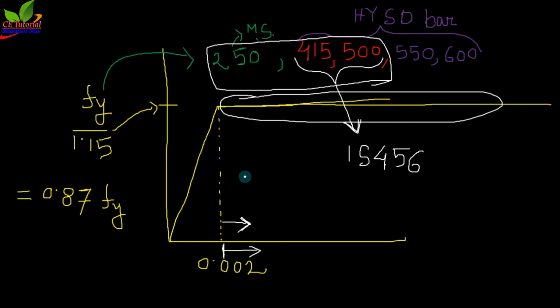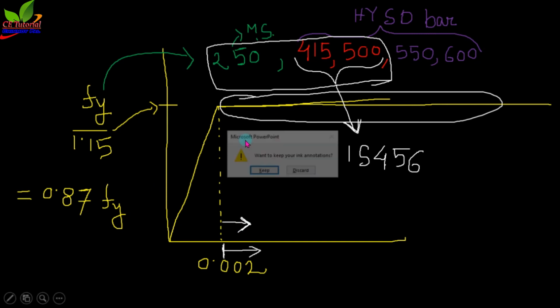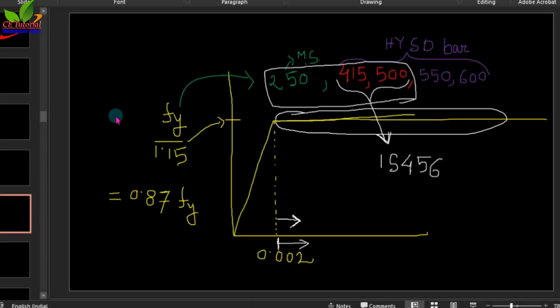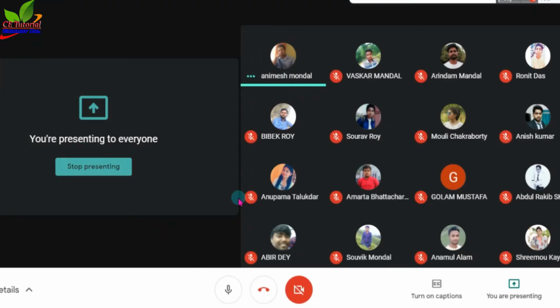We shall discuss the limiting values in detail, and learn about the stress diagram and strain diagram in limit state method in the next class. I shall stop today's class here, and you tell me if you have any doubt. You can tell me.